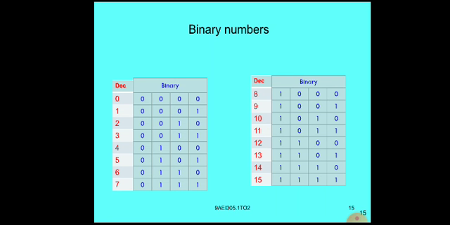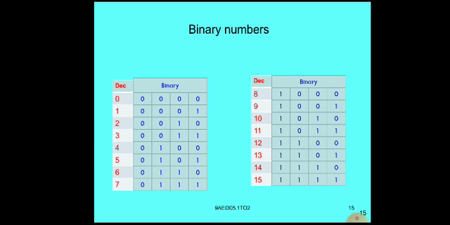Let us take a few decimal numbers and their equivalent binary numbers. Decimal 0 is 0000, 1 is 0001, 2 is 0010, 3 is 0011, 4 is 0100, 5 is 0101, 6 is 0110, 7 is 0111, 8 is 1000, like that.